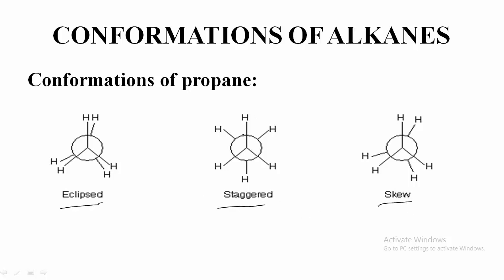Staggered means it is exactly opposite and the angle is around 120 degree. And here the angle theta is less than 60 degree. And skew means the angle will be 60 degree. If theta is equal to 60 degree, then we call it skew conformation. So these are the three different types of conformations of propane.